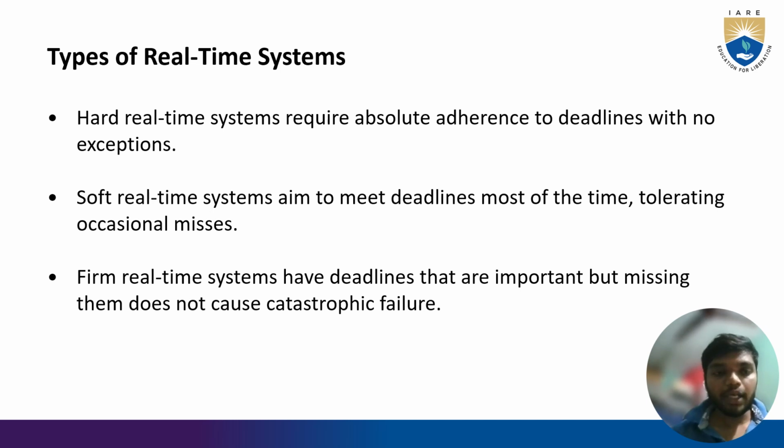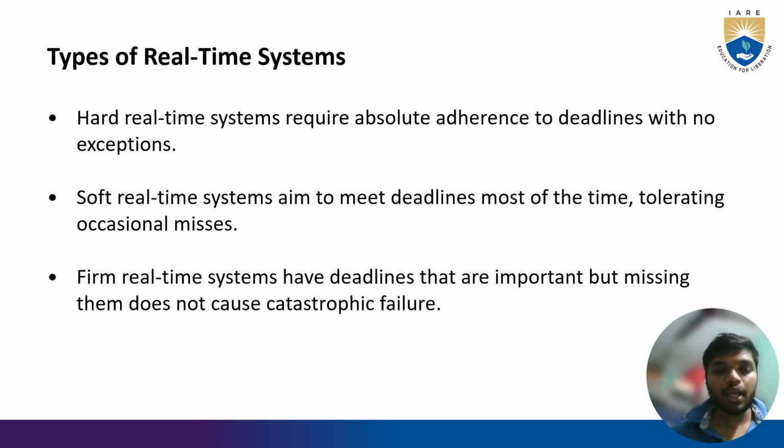Key parameters for real-time scheduling. Every periodic task has a period, how often the task should run; worst case execution time, WCET, the maximum time needed to complete; a deadline, the time by which it must finish; and phase or offset, when it should first run.